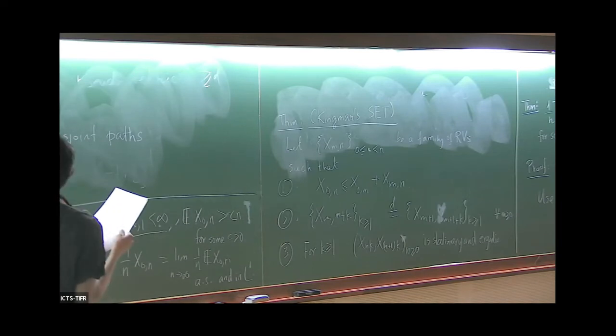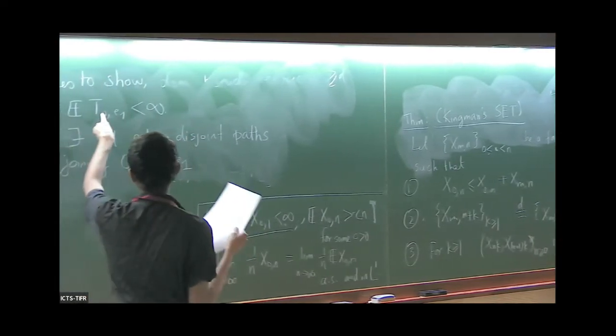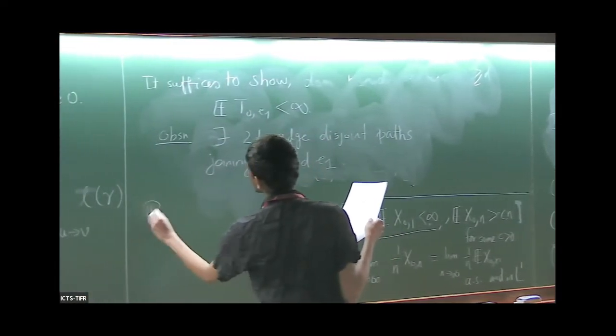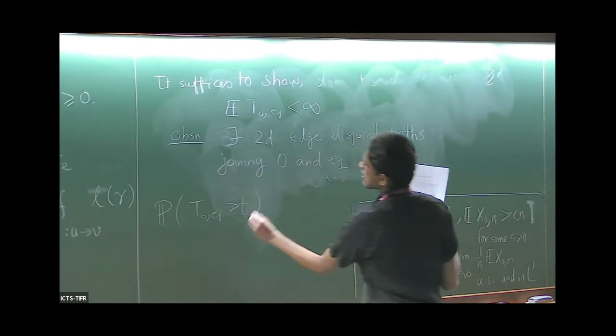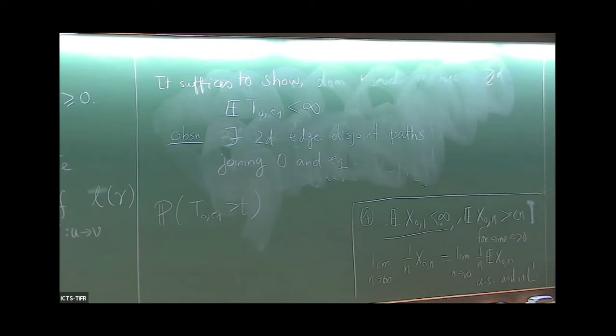So what do we want to bound? We want to bound the tail of this random variable, right? So we want to bound something like this. Now, if t01 is bigger than t, that means all of these 2d edge-disjoint paths have passage time bigger than t.